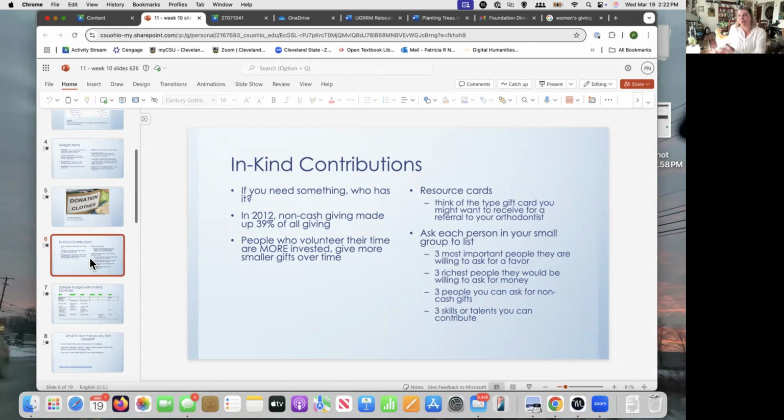Most of the desks I've ever worked at for nonprofits have been repurposed after Key Bank or Fifth Third Bank redid their corporate offices somewhere, and we get all beautiful new-to-us furniture. In 2012, non-cash giving made up 39% of all giving.